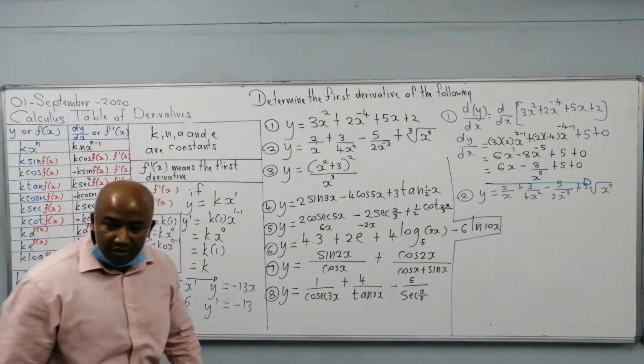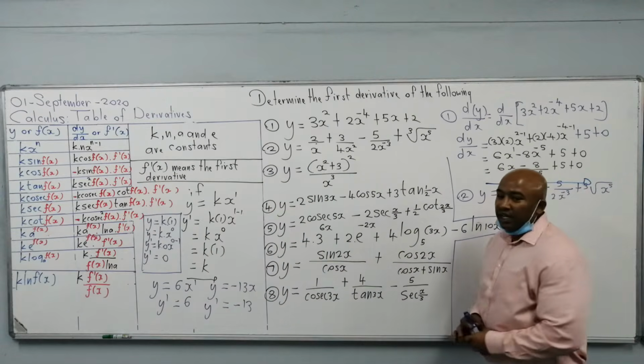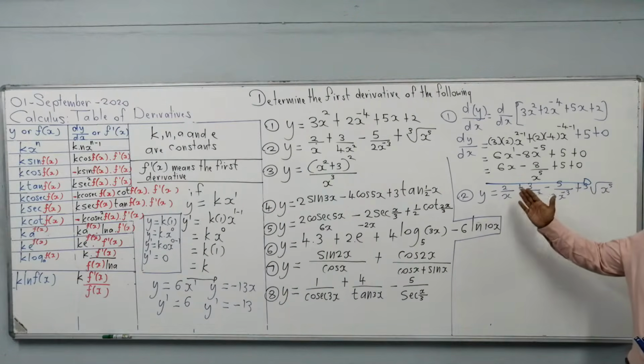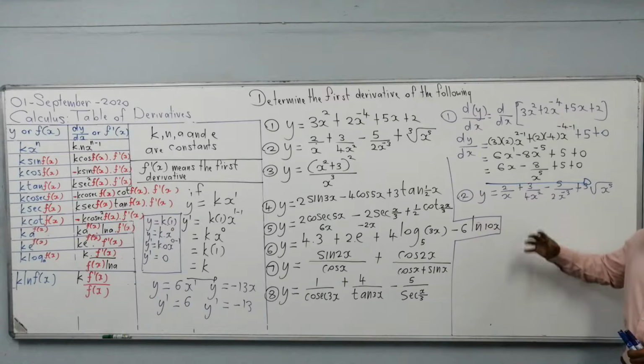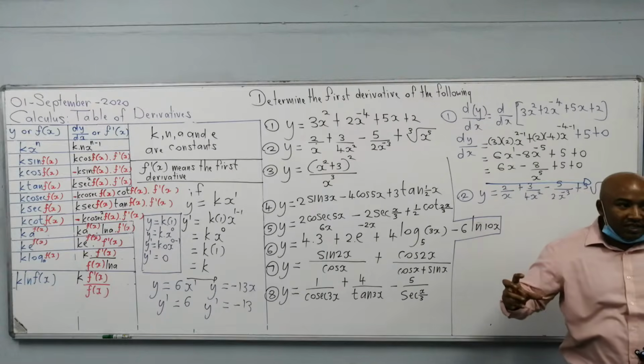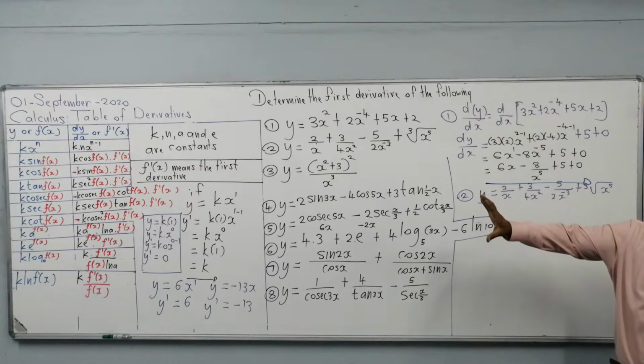Still dealing with some grade 12 revision here, or N3 revision, we have many terms: 1, 2, 3, 4 terms. If we need to differentiate, we need to make sure that all terms are in standard form.